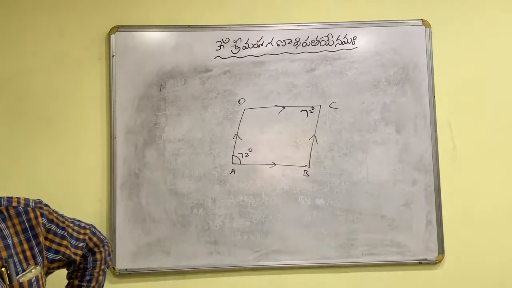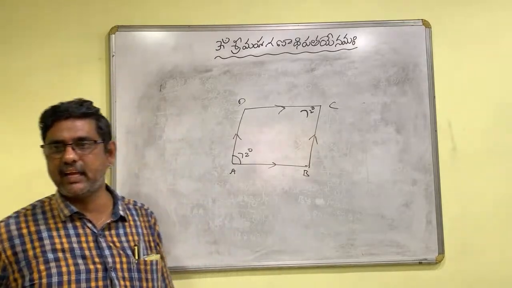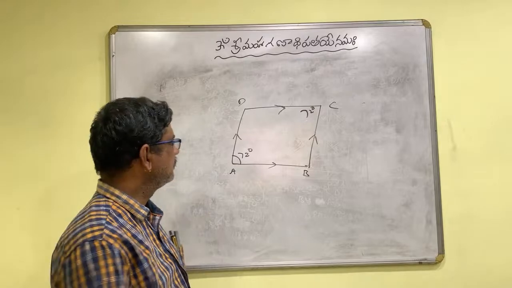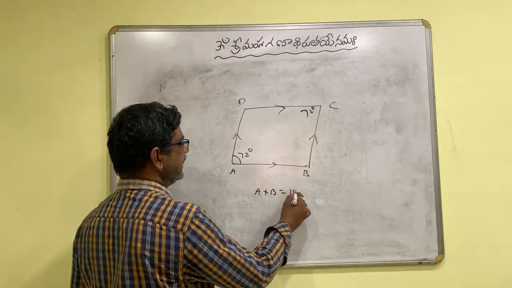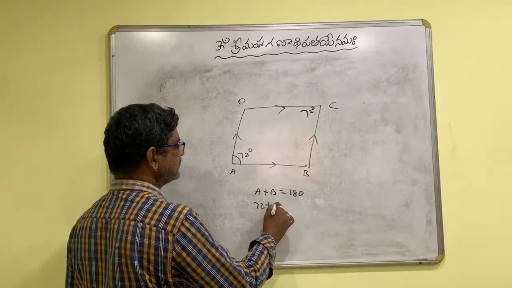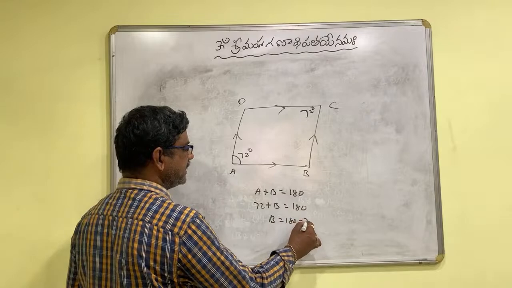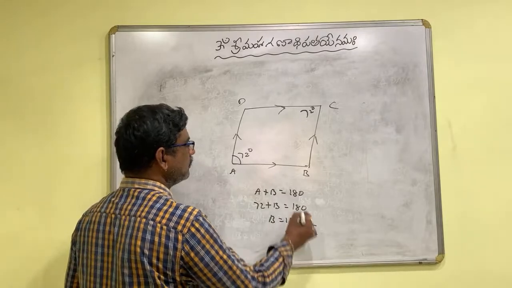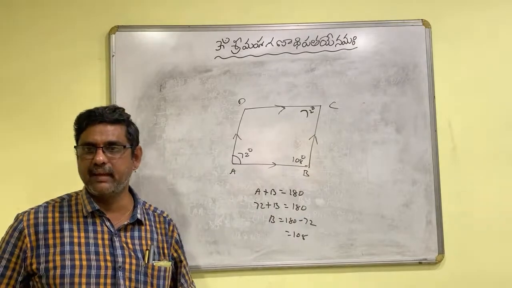Very good, Tejan. In a parallelogram, adjacent angles are supplementary. So angle A plus angle B is 180. A is given as 72. B is equal to 180 minus 72, which is 108 degrees.